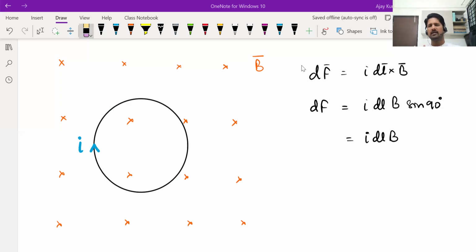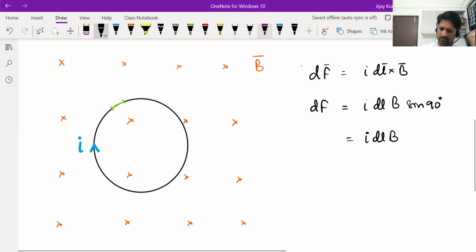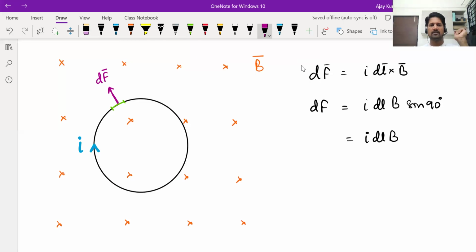Any idea, anyone? We know with what force each element of this wire is being pulled outwards. We know the expression for this dF. And you are asked to calculate the tension in the wire.